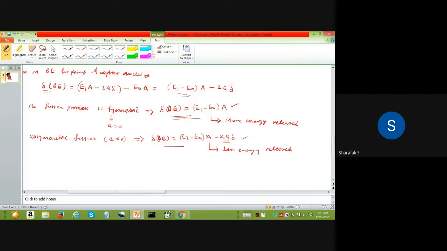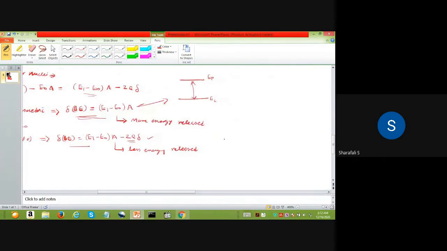So the binding energy difference between the parent and the daughter nuclei will be higher in this case for symmetric fission, and smaller in this case. Which means that when the parent nuclei is here, as we show like this, and the daughter nuclei is here, this energy gap is more for symmetric fission.